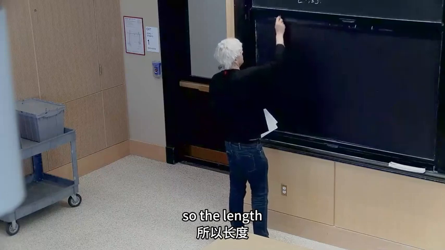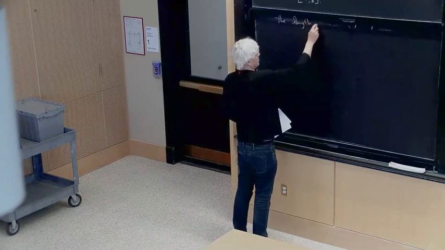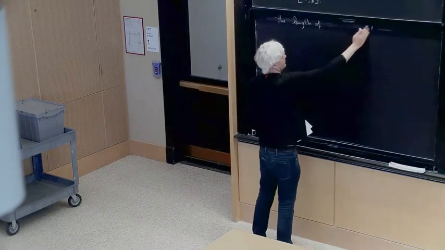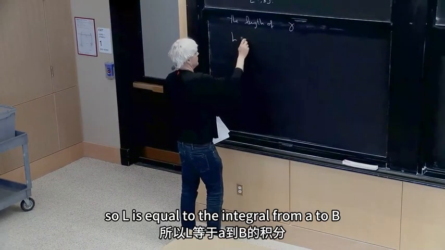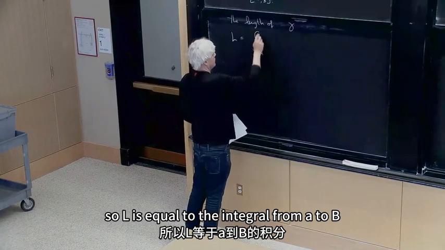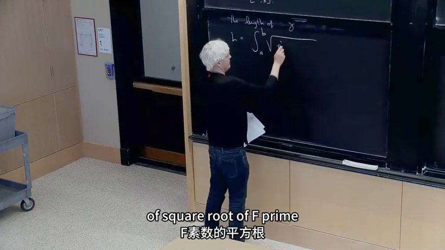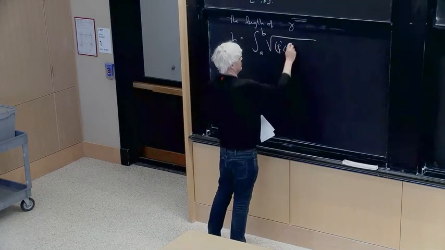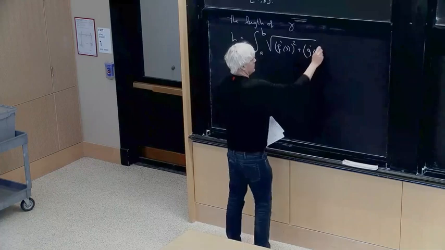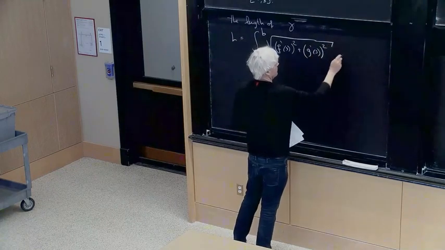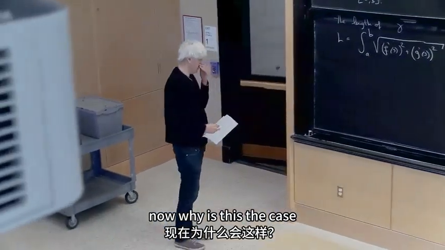So the length of gamma, L, is equal to the integral from a to b of the square root of f prime of s squared plus g prime of s squared, ds.